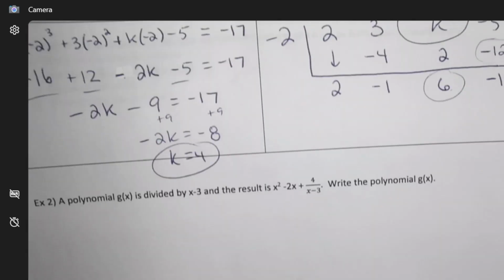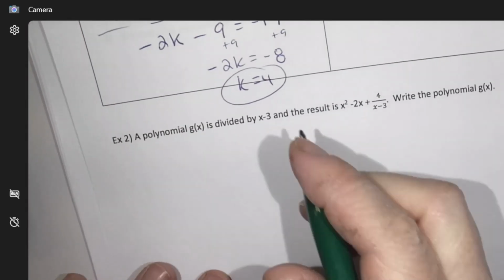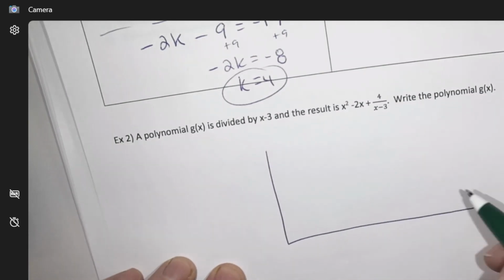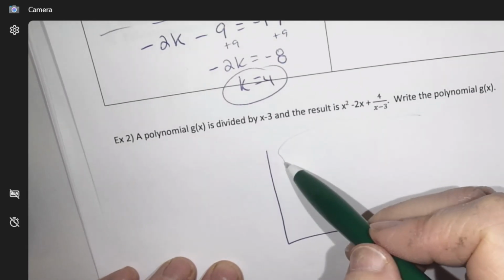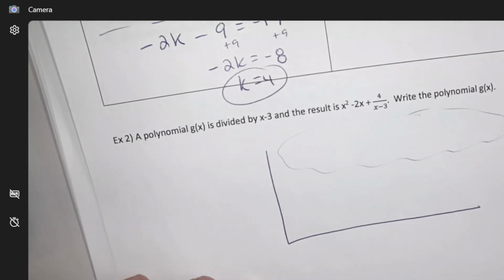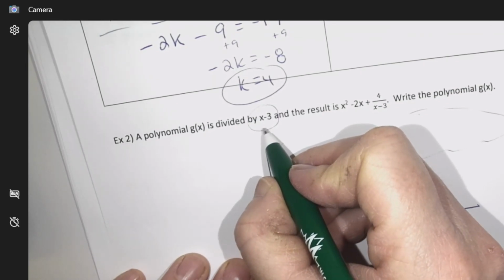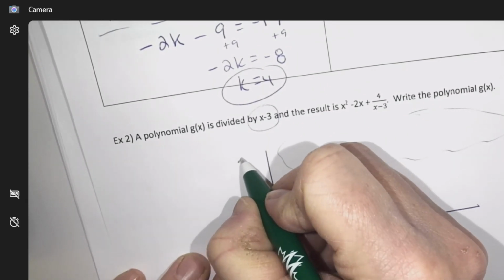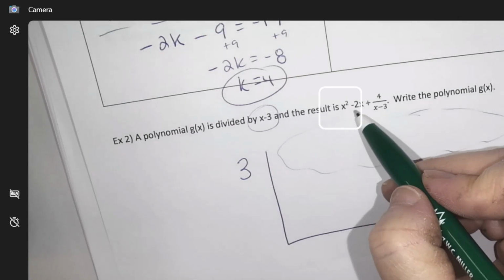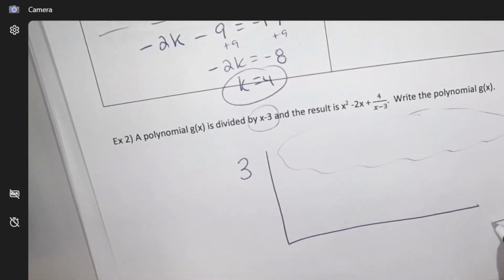All right, last question of the day. Some kind of polynomial, I don't know this polynomial, some kind of polynomial at the top here, is divided by, so give me a root number in the front, and this is the results. So I'm going to be putting the results at the bottom. The result would go at the bottom, right?